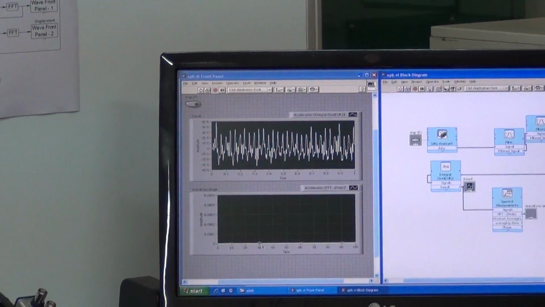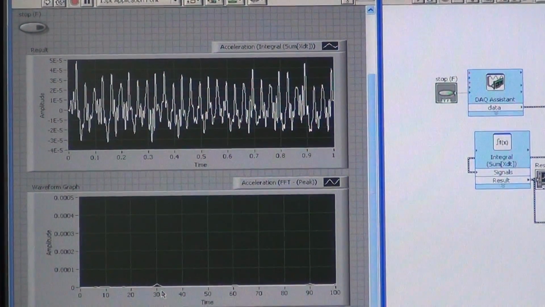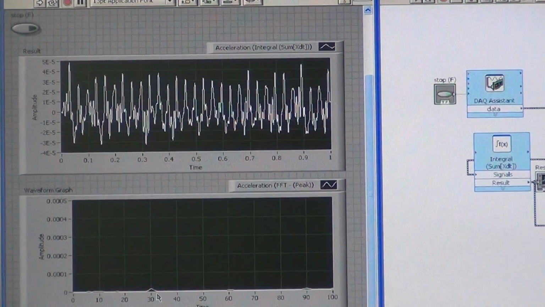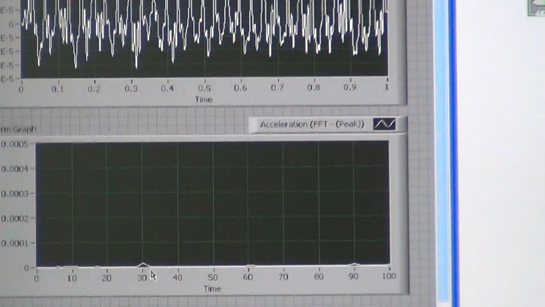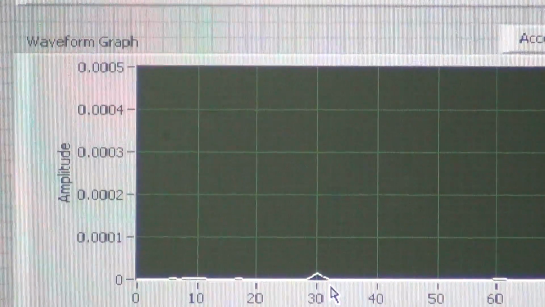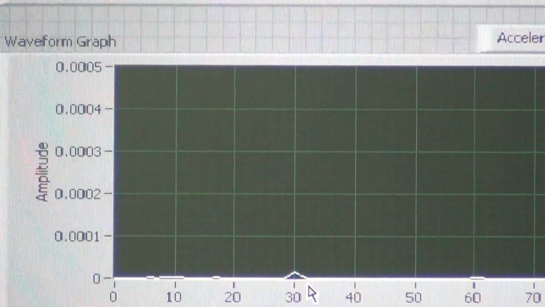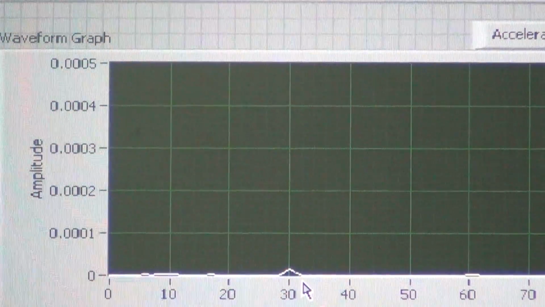Now you can see on the screen that the response has reduced very much compared to the previous response. It is coming around 2 × 10^-5, almost equal to 0.